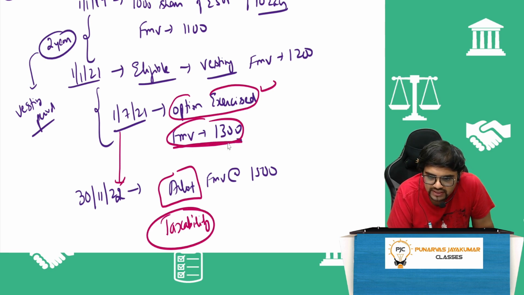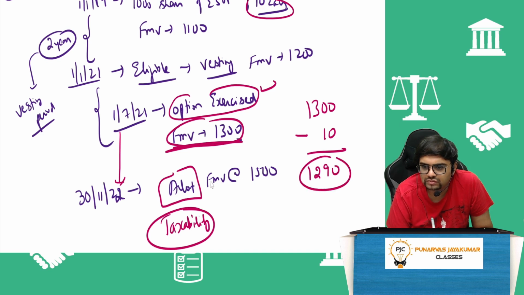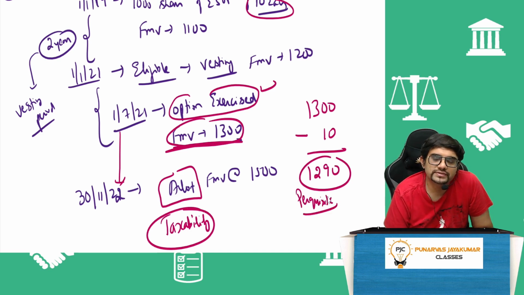So at this price 1300, it will be FMV minus face value, which is 10. So 1290. This will be the value of the perquisite, which is taxable in whose hands? Employee's hands.